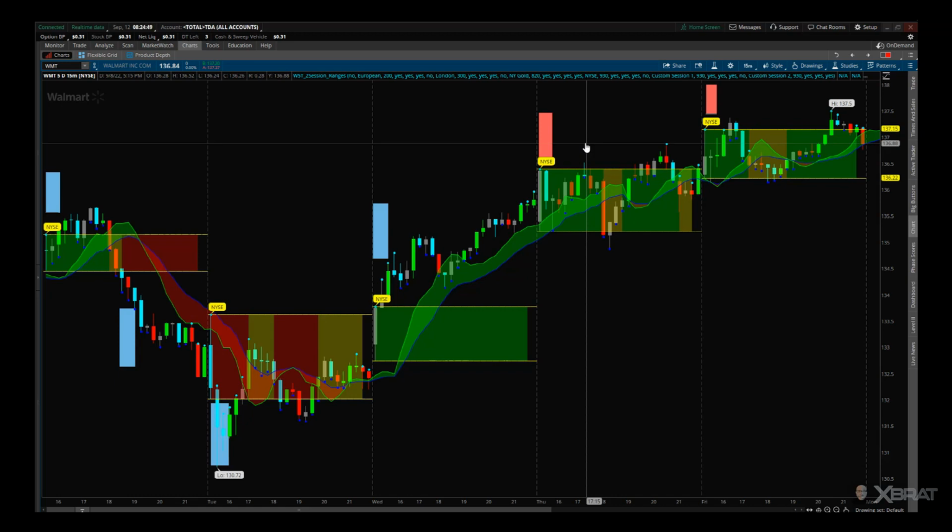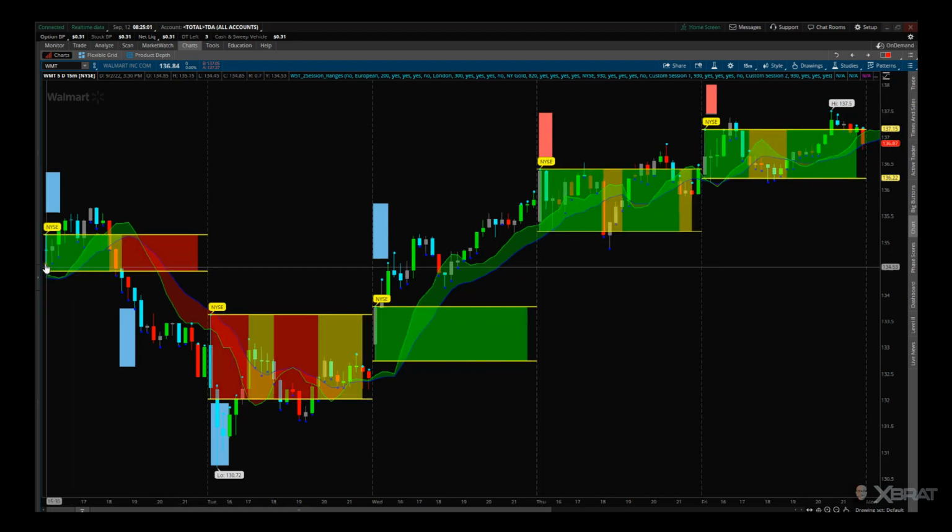But then we can get some continuation trades when it comes back through in the opposite direction of that range as well. So some very basic rules. The range is defined on the first 15-minute candle. It then gives it a bias: green, red or yellow is neutral. We don't trade on neutral.